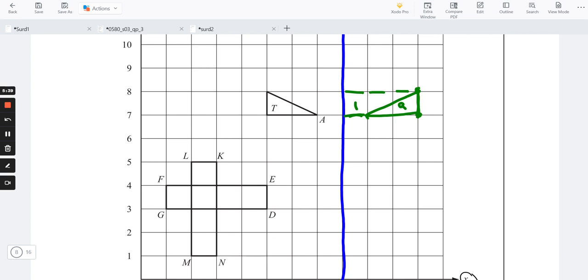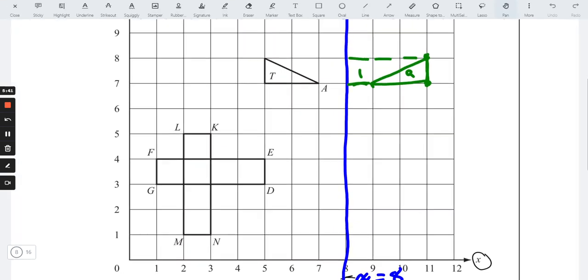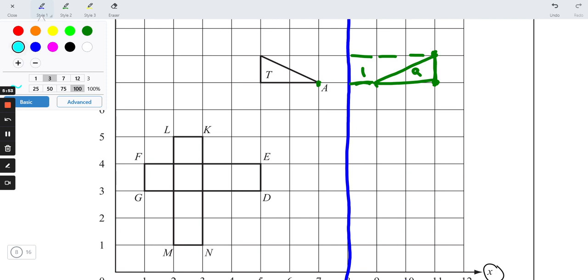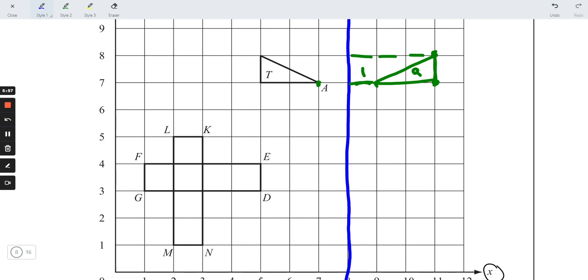From each vertex, you have to rotate it anti-clockwise 90 degrees. This vertex, anti-clockwise 90 degrees, you will get it here.